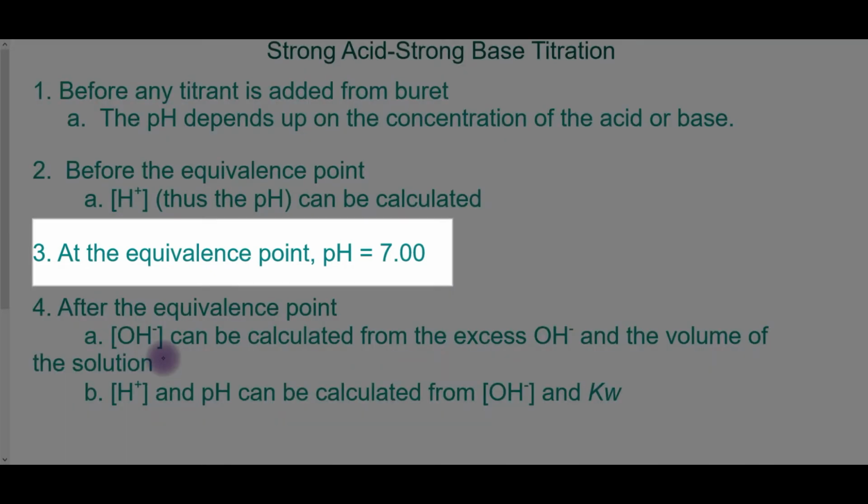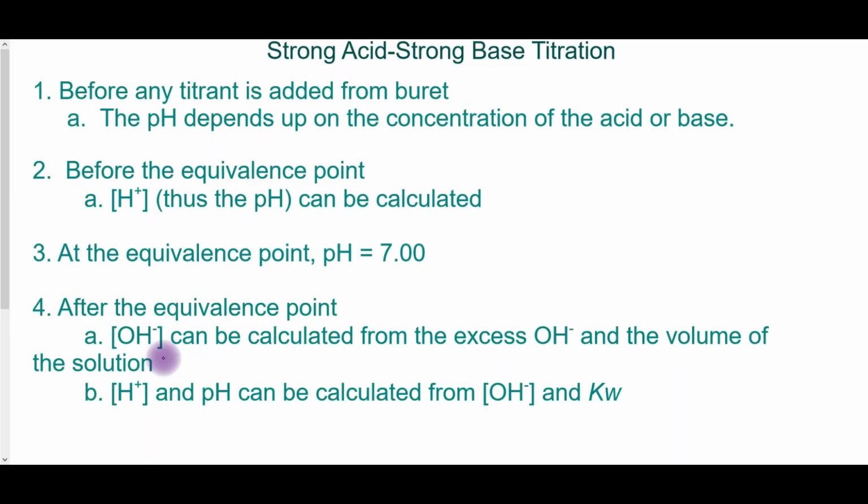For a strong acid, strong base titration, at the equivalence point the pH is 7. After the equivalence point, you can calculate the hydroxide ion concentration from the excess and total volume, and then you can manipulate that to calculate the hydrogen ion concentration and the pH.